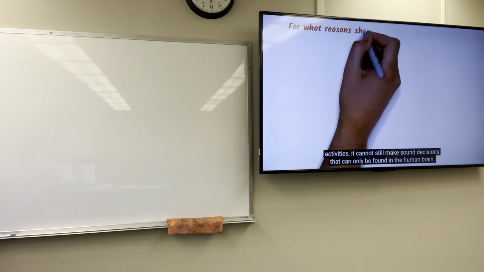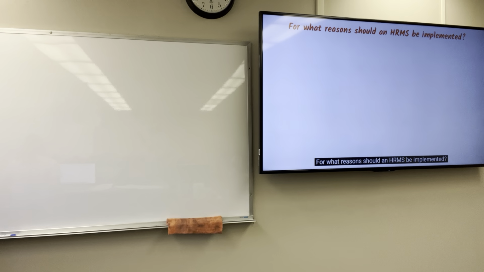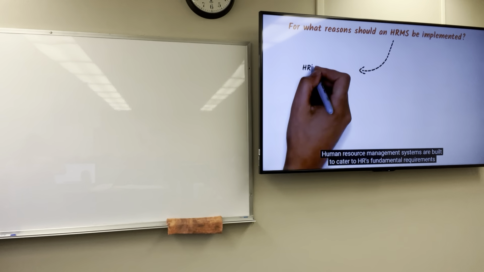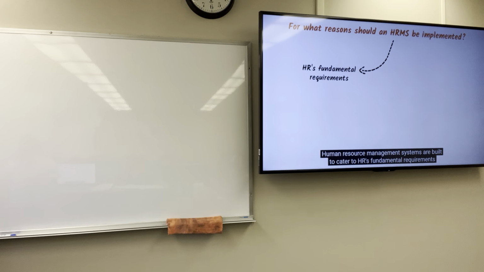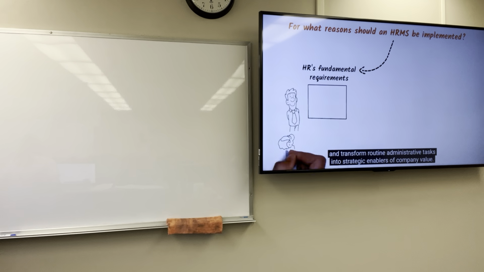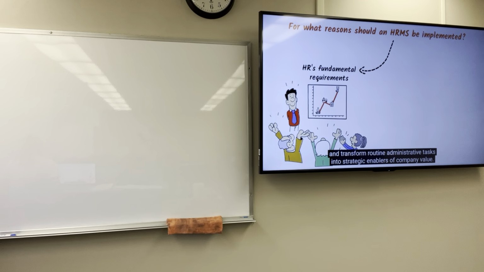For what reasons should an HRMS be implemented? Human resource management systems are built to cater to HR's fundamental requirements and transform routine administrative tasks into strategic enablers of company value.